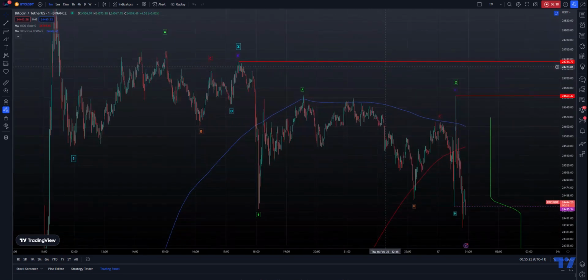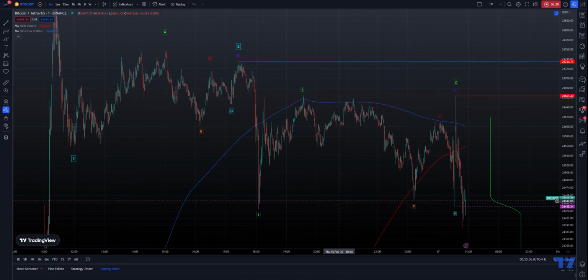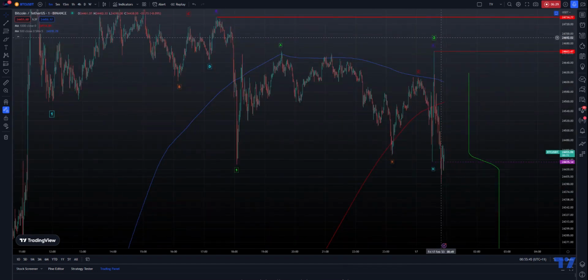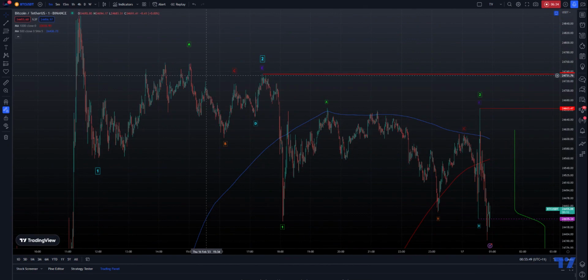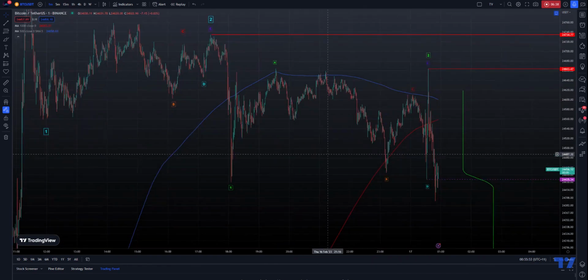If you break them, something's being invalidated in your pattern, and you have to rethink what's going on. But in this case, we're making consistently lower lows with every wave accounted for, and you just can't break lower highs and lower lows. Can't break any of those resistance areas.